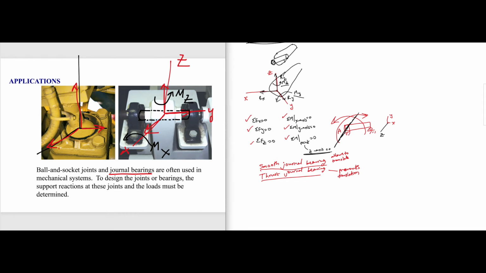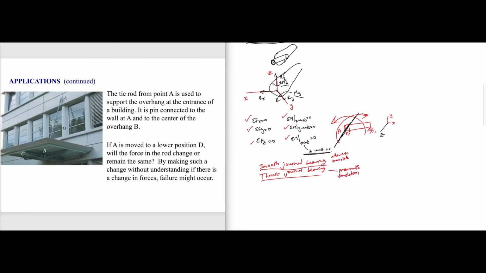So should we give the force reaction Fy? It depends on the bearing. If it's a smooth bearing, we don't need to give this force reaction. So we give the force reaction in X and Z, but no force reaction in Y and no moment reaction with respect to Y axis. So we have to understand the support before we replace it with the respective support reactions.